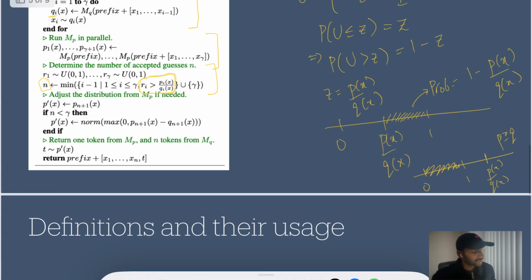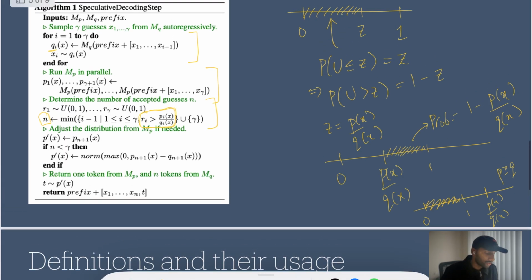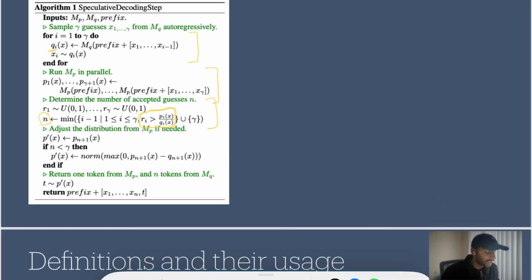And so once we have this first rejected index n, we are going to throw away all the tokens from n to gamma, right? Once we have hit a rejection, we no longer accept tokens from the approximation LLM. We accept them until then, but after that we don't. So we initialize the p prime of x distribution with the next time step distribution of MP.